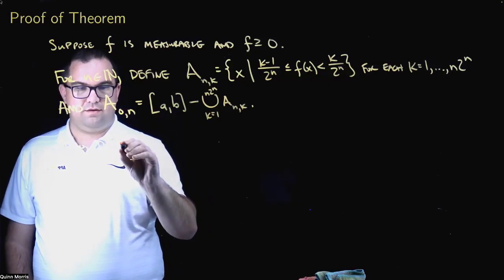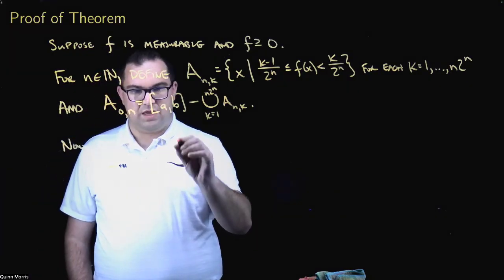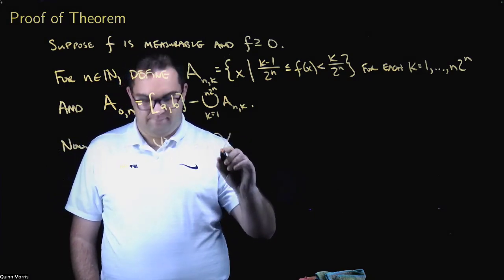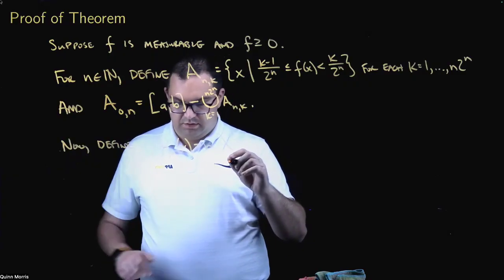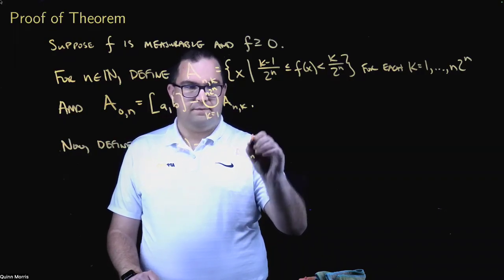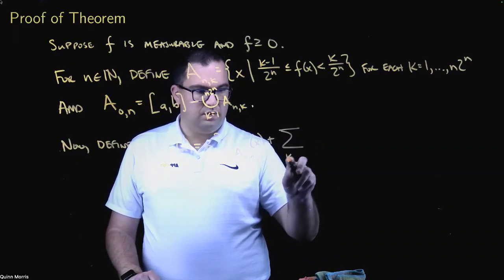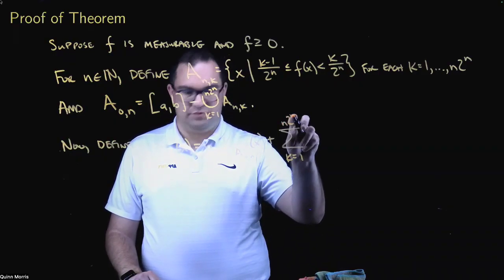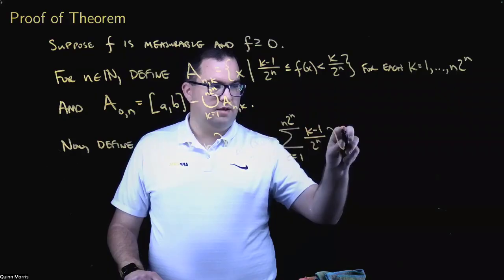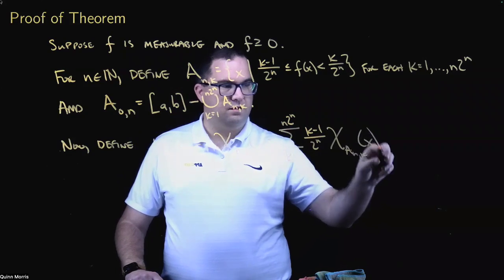Now I'm going to define my sequence of functions. So psi sub n of x is going to be equal to n times chi of A sub 0n of x, plus the sum, k equals 1 up to n times 2 to the n, of (k minus 1) over 2 to the n times chi of A sub nk of x.